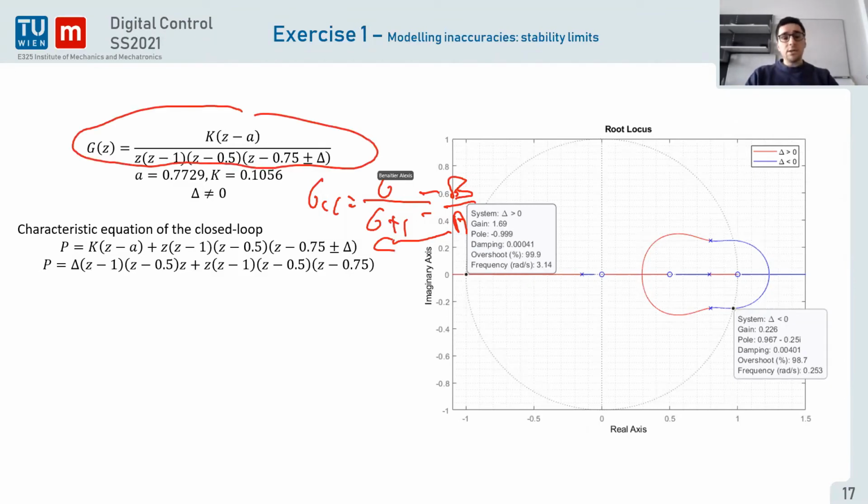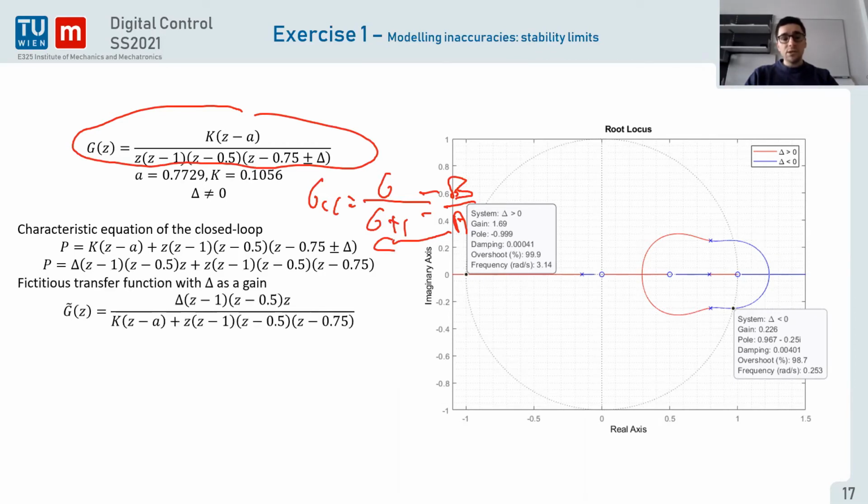And the goal here is to rewrite this expression so that delta becomes the gain of a fictitious transfer function. So here I just rewrite everything so that delta appears here as the factor. And then what I just do is I take this as a numerator and this as a denominator of a fictitious transfer function that is this one. Okay.